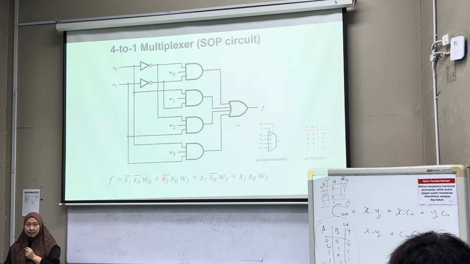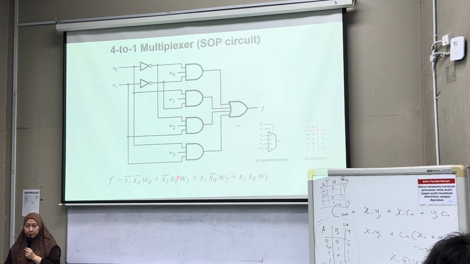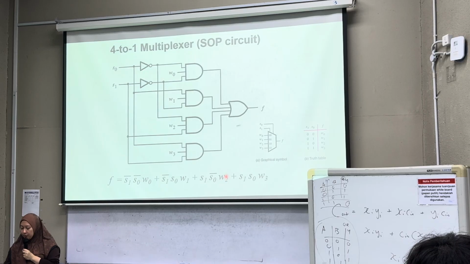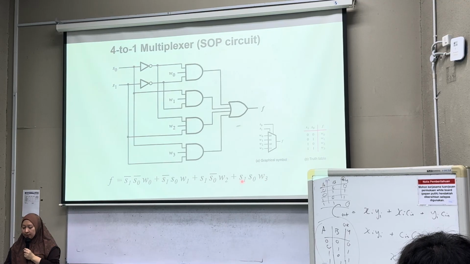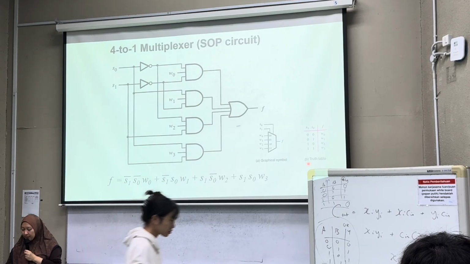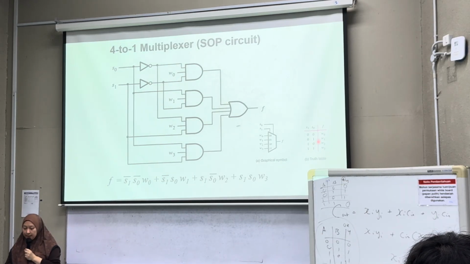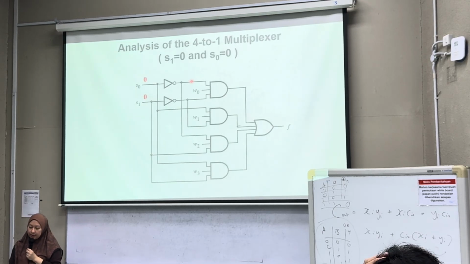W1 is when S1 is complemented and S0 is true. W2 is when S0 is complemented and S1 is true. And W3 is when S1 and S0 are not complemented, so true values. This is the expression you can get from the truth table, and from there you can build your circuit. Let's look at some analysis.